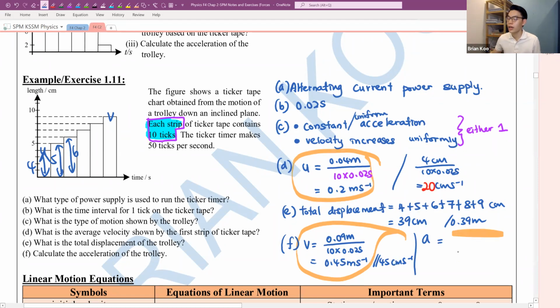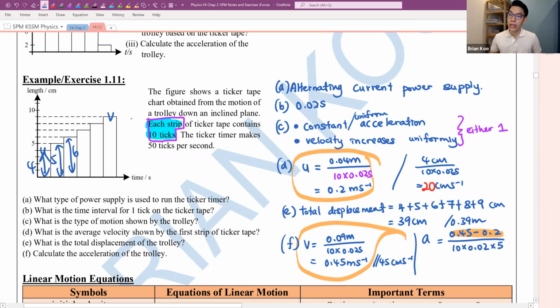So acceleration is rate of change of velocity. So 0.45 minus 0.2. Can somebody help me with the time? How many strips should I multiply? Each strip is 10 times 0.02. 5. Thank you, Jashin. 5 strips.